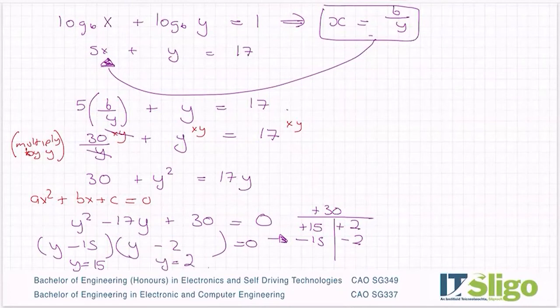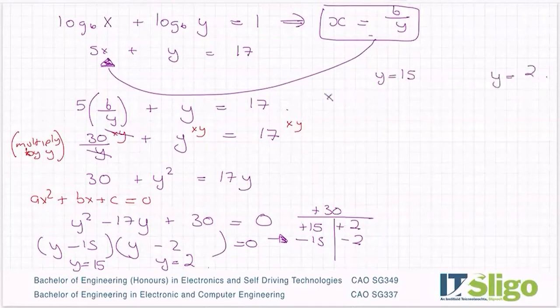Okay, so I hope that's okay. x is equal to 6 over y. I see this one is in terms of y, so let's tidy that up a bit. So y is equal to 15, y is equal to 2.